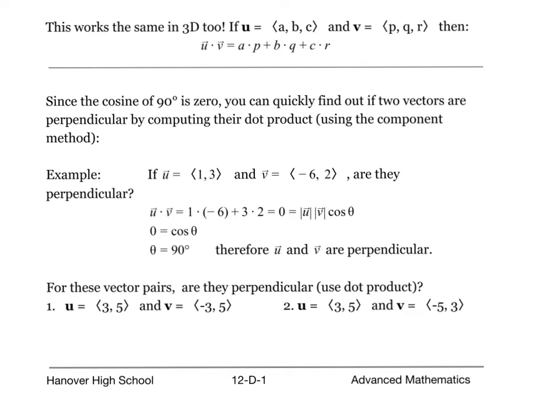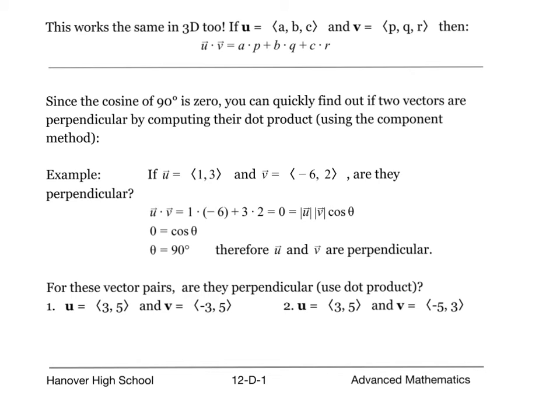And of course, if the angle is between 0 and 90 degrees, you'll get some factor that's between 0 and 1. And if the angle between them is between 90 and 180 degrees, you'll get a factor that's between 0 and -1. So the dot product can give you a negative value as well.